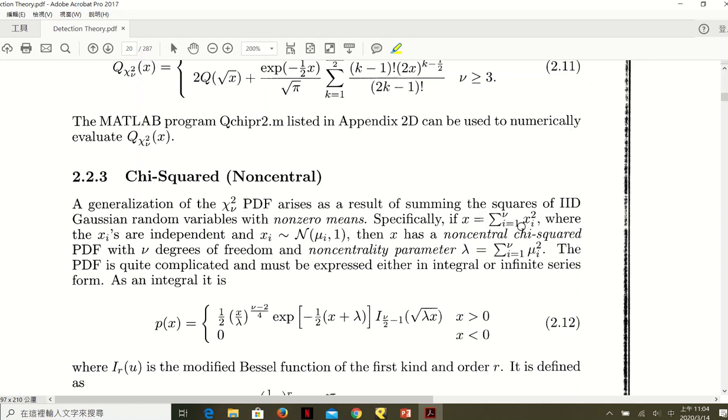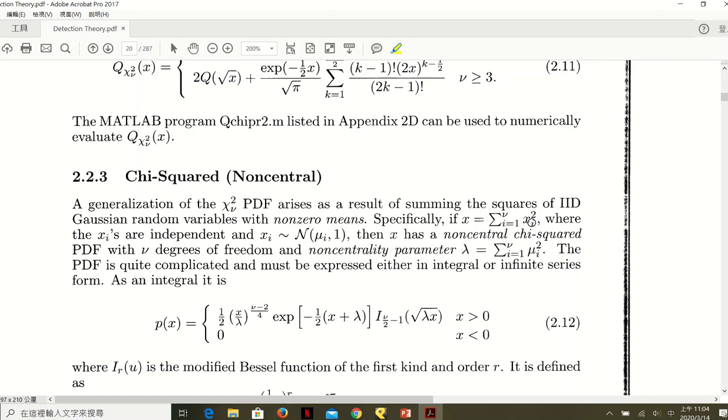Imagine that, when will you encounter this kind of random variable? You recall your undergrad classes, DSP class or communication classes. What do we often encounter? Signal energy. Do you remember that?